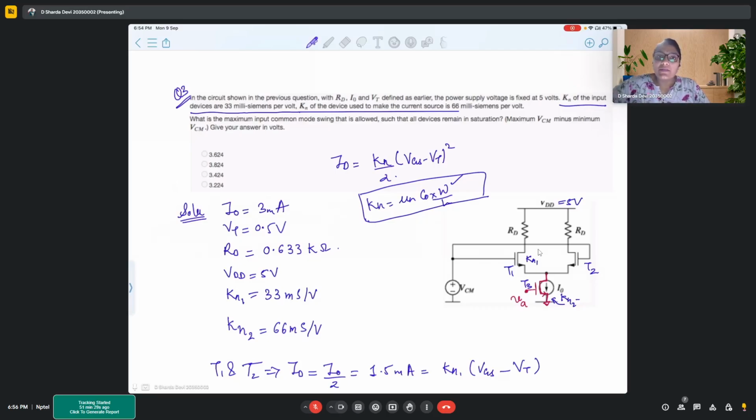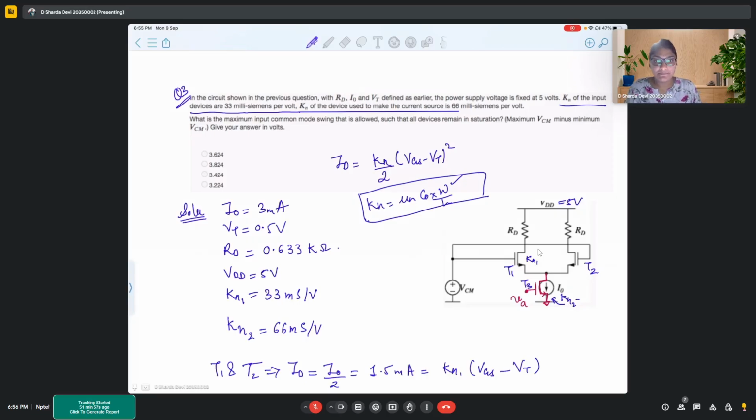From this Kn, as you mentioned, mu n is the mobility. Yes, mu n is the mobility, and Cox also has a standard value. It has some standard value, depending on what temperature you are using. There are a lot of factors, but while designing, you use certain values to solve the problems.